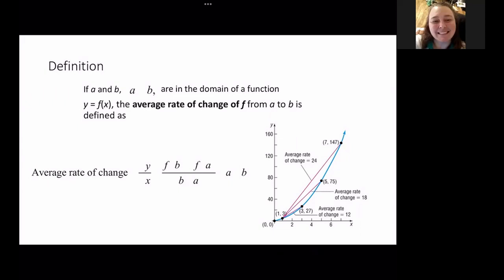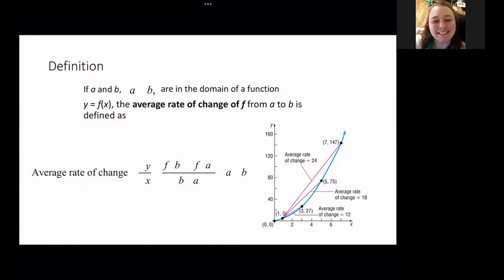If A and B, where A cannot be the same as B, so A and B have to be two different locations in the domain of a function y equals f of x, then the average rate of change from A to B is going to be f of b minus f of a over b minus a, or the change in y over the change in x.